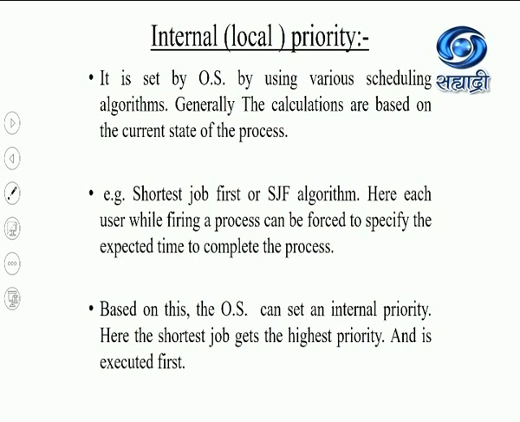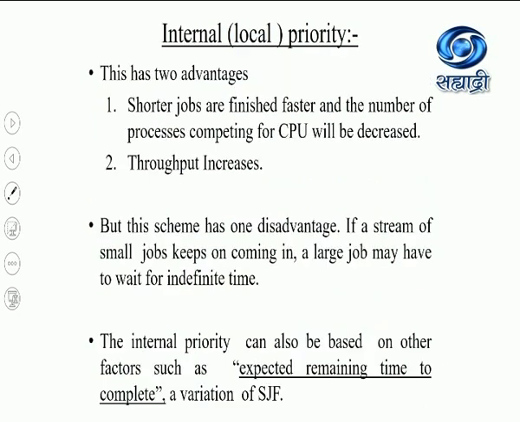In this algorithm, each user while firing a process can be forced to specify the expected time to complete the process. Based on this, the operating system can set an internal priority. Here, the shortest job gets the highest priority. Means what? The program which requires less time to complete will get the highest priority and it is executed first.